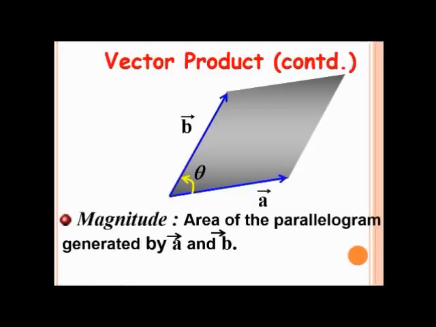The magnitude is the area of this parallelogram generated by vector A and vector B. This is the concept of what the vector product actually is. It is not just multiplication. The magnitude is obtained from the area of the parallelogram generated by both of these vectors, which are separated by some angle theta.